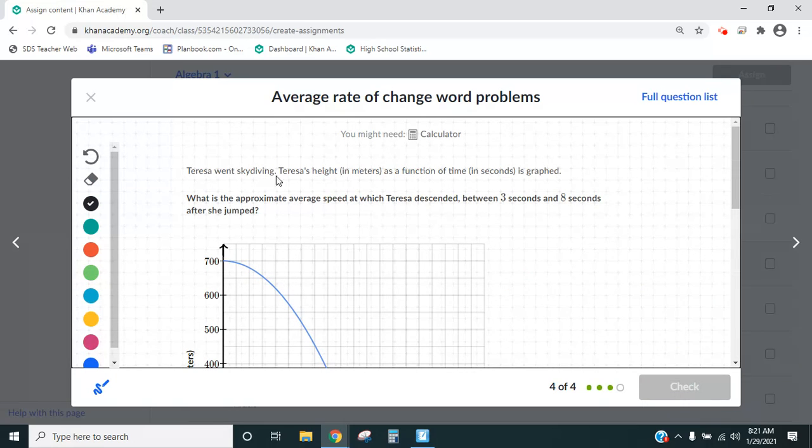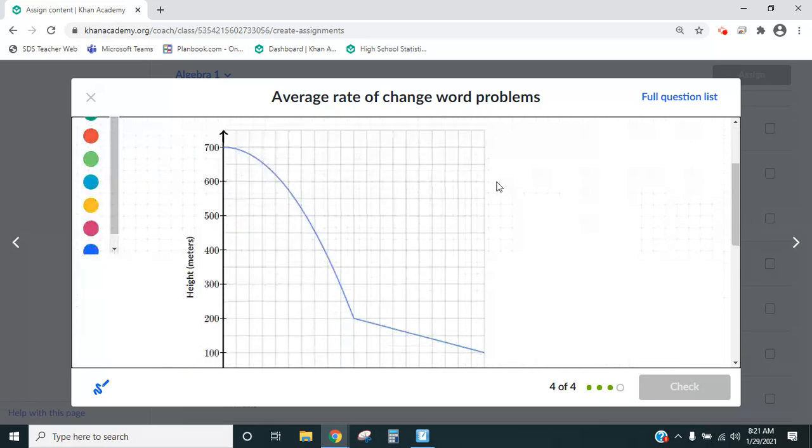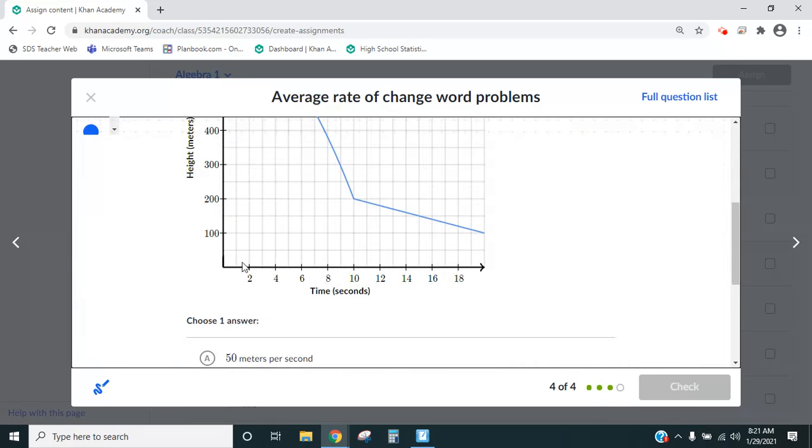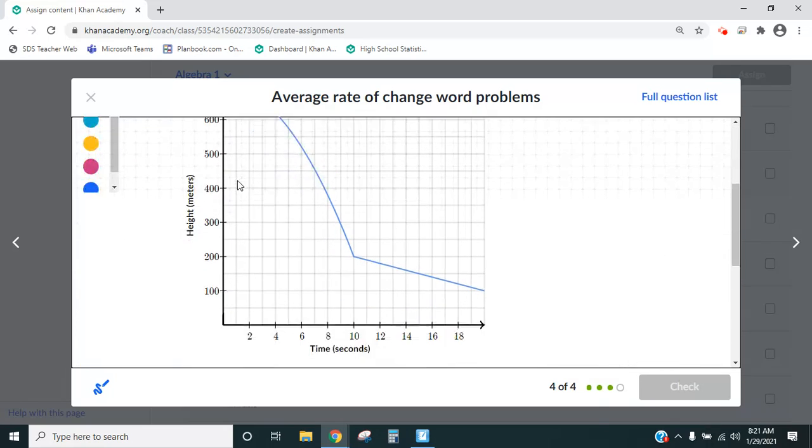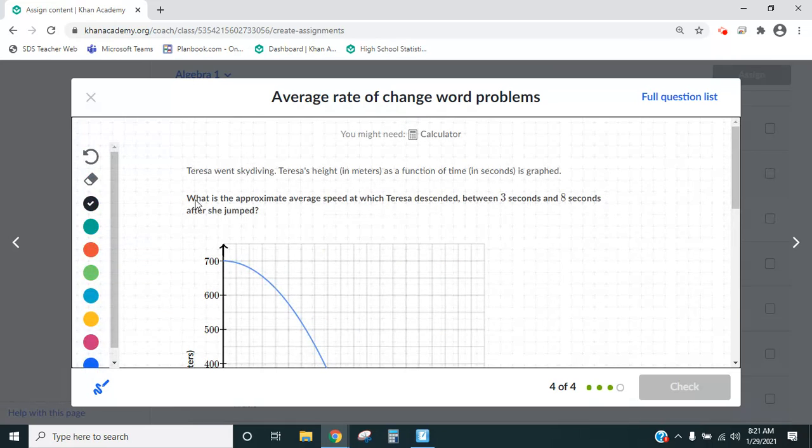All right, let's do one more of these. Teresa went skydiving. Teresa's height is a function of time, so that means time's going this way. Time is our x, and the height is the y. The question says, what's the approximate average speed? That means slope. What's the slope that she descended between 3 and 8 seconds?